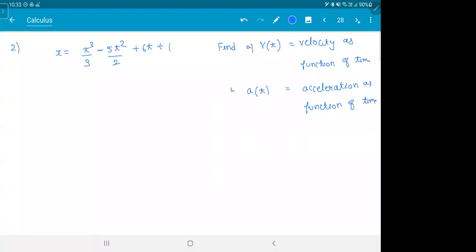That's the first question. Second question: time when v is 0. So at what time will the velocity be 0? Time when acceleration is 0.